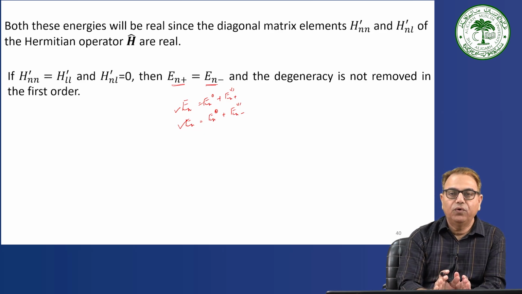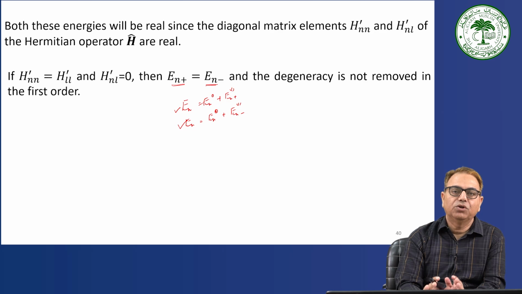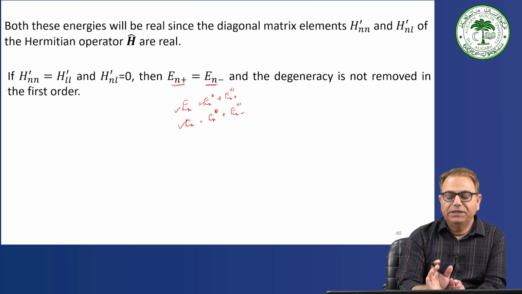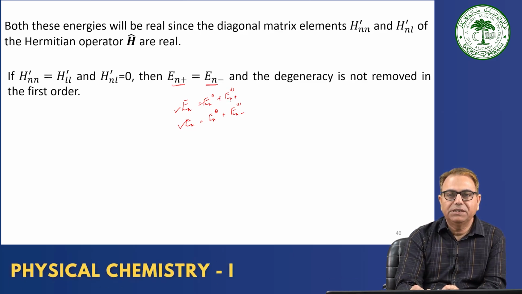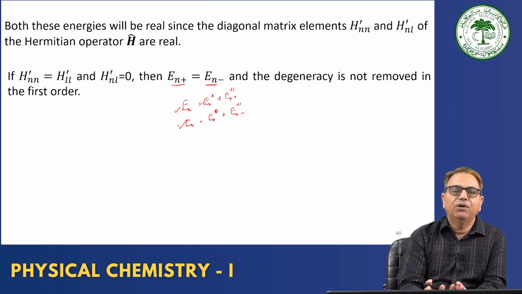For a two-fold degeneracy we have talked about. It could be more also, but for simplification I just wanted to tell you the theory behind the degenerate perturbation results. So the degenerate perturbation theory for a two-fold degenerate system we did, and we got the corrections to the energy En plus and En minus, and I said there is a condition in which both these values will be equal and the degeneracy will not be lifted.